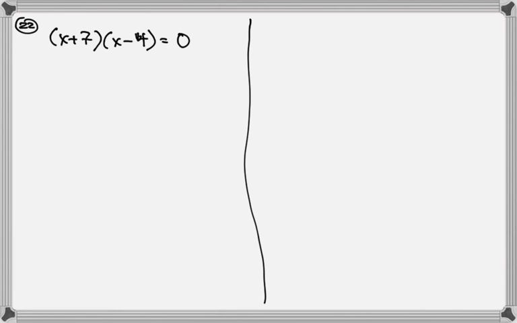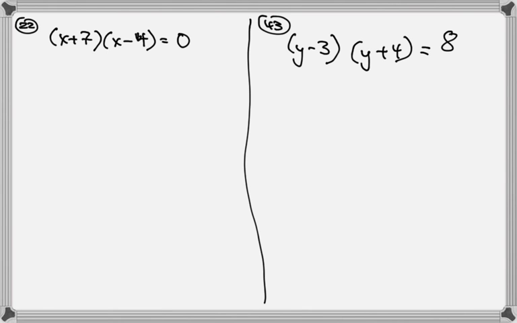And number 43 is (y - 3)(y + 4) = 8. Kind of 2 of the same. The left-hand side looks very similar. You have 2 binomials, but with 22 it's equal to 0. With 43 it's equal to 8.